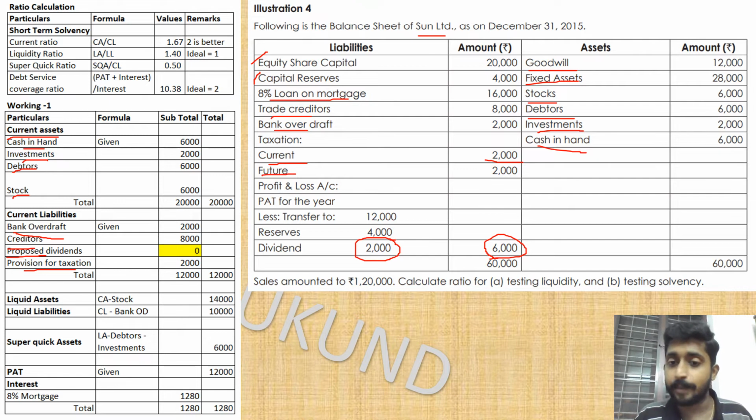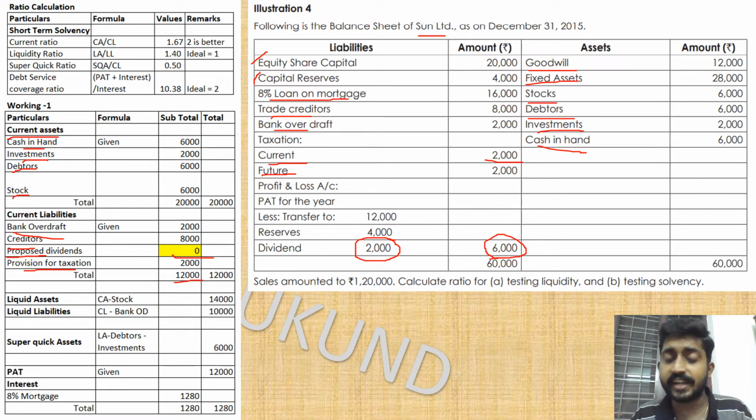Only 6,000 is coming. So dividend should not come. You have to be very careful in this, students. In the last problem we had proposed dividends sitting in the balance sheet, not yet paid. So that is a current liability. Here we don't have it as a current liability because it is already treated as paid. So it is 0.